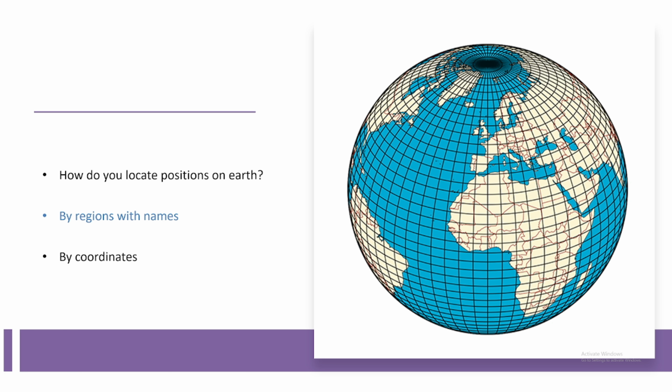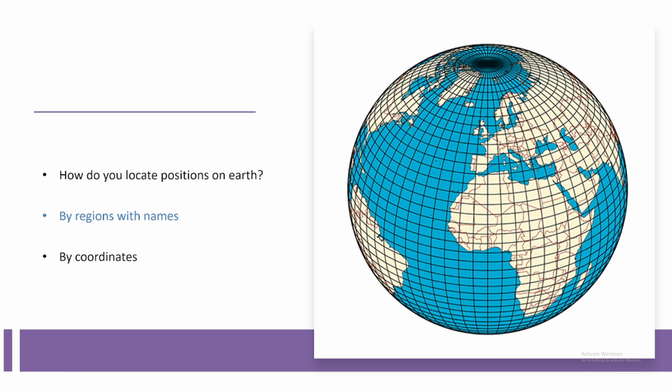Just think, there are so many different places on Earth, and how do we describe them? There are 2 methods. The first method is what we do every day. Just divide the Earth into a bunch of regions with names and call them by name. If anybody asks you where you come from, you can answer I'm from the United States, and that's a name.